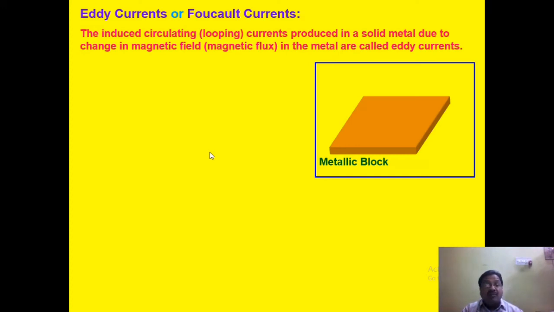Here you see a metallic block in the magnetic field B. In the solid metal, if the magnetic field is changed continuously, the metal is fixed but the magnetic field is changed, then a current which is circulating this way, you mark, flows. This is called looping current or circulating current. So this is the current flowing in a closed path. This will be called Foucault current or eddy current.